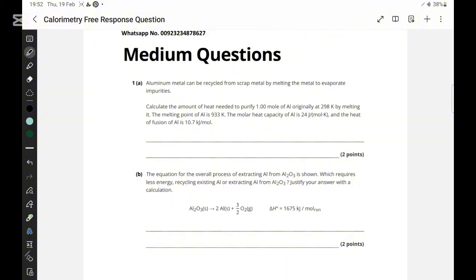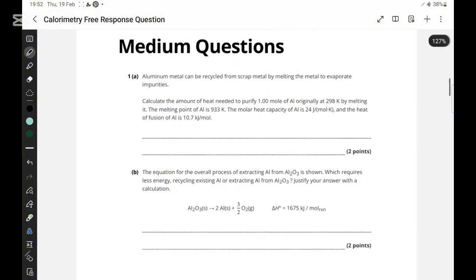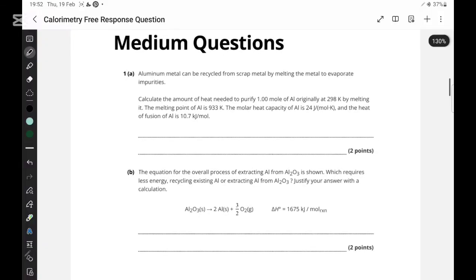In this question, aluminium metal can be recycled from scrap metal by melting the metal to evaporate impurities. Calculate the amount of heat required to purify 1 mole of aluminium at 298 Kelvin by melting it.